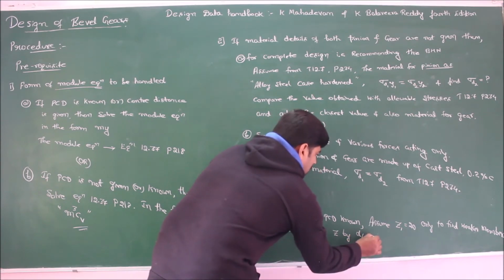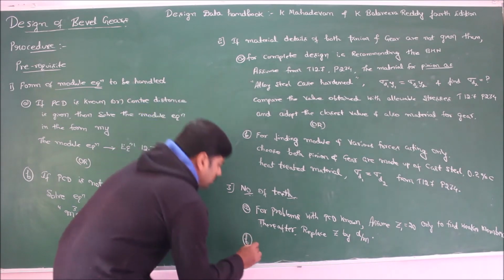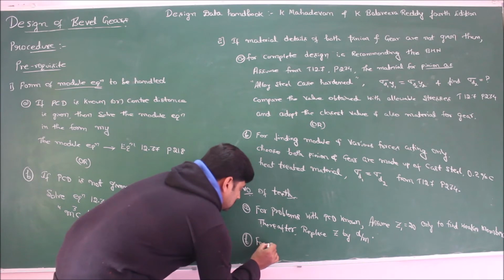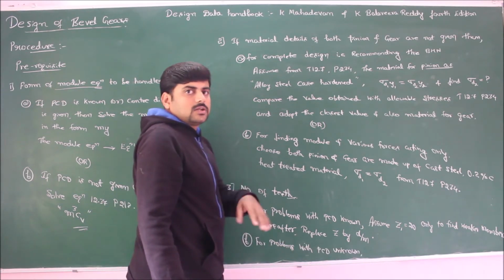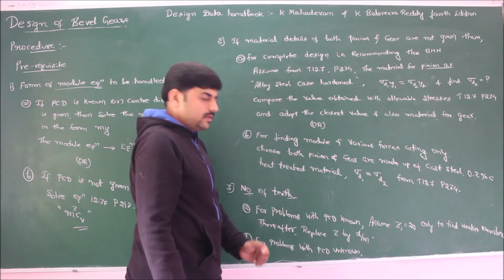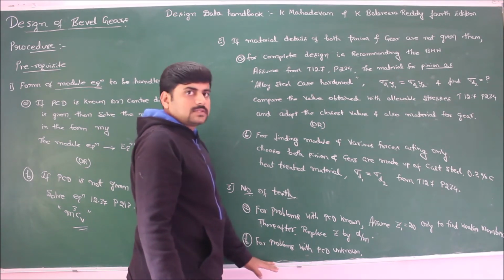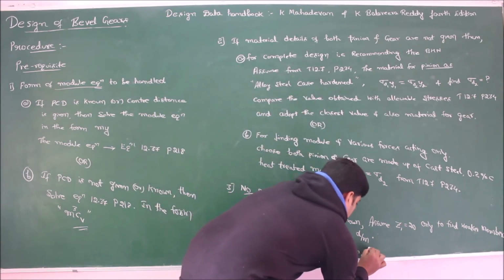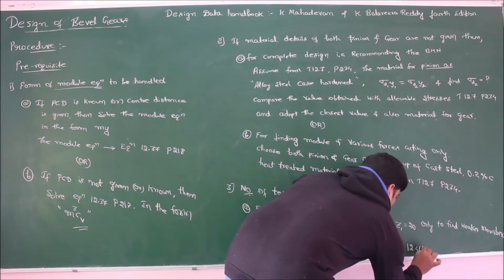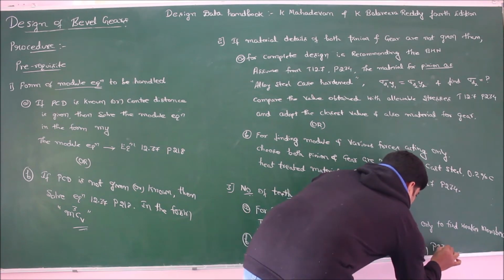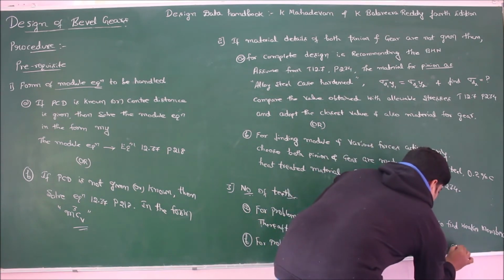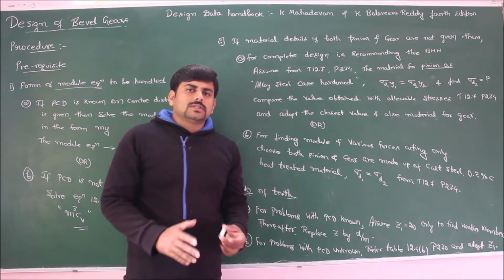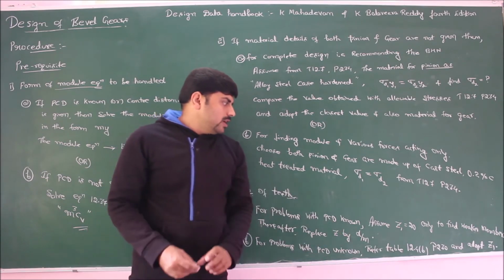Coming to the second variety of problem, for problems in which PCD is not known to us, if the pitch circle diameter is not given or the center distance is not mentioned in the question, and the number of teeth is also not given, then refer to table 12.4b, page number 230, and adopt Z1. For M cube CV type of problems in which PCD is not known to us, refer to table 12.4b.